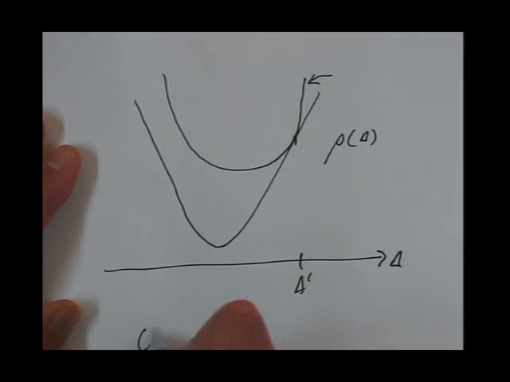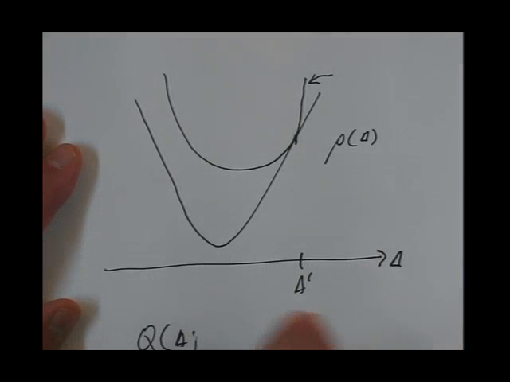So Q of delta, semicolon, delta prime, is going to have the form A0 plus A1 times delta minus delta prime plus A2 over 2 times delta minus delta prime squared.